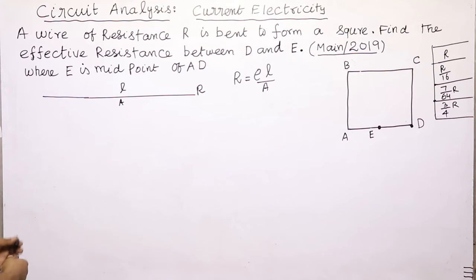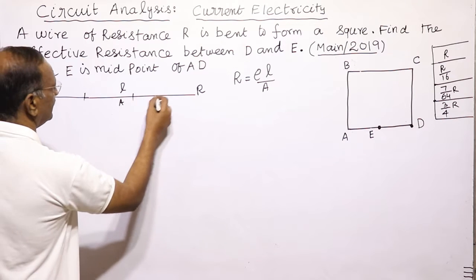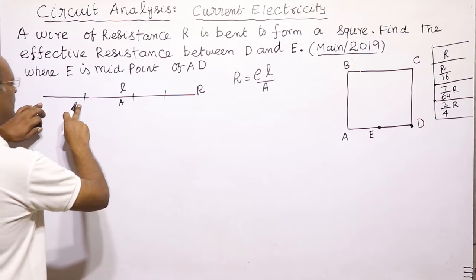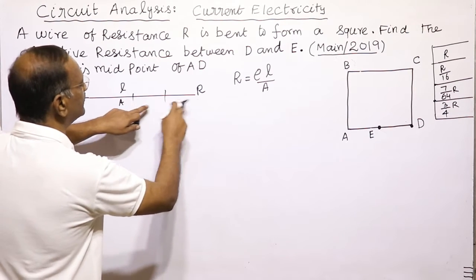Now it is bent to form a square. It means it is divided into 4 parts: one side, another side, third side and fourth side.